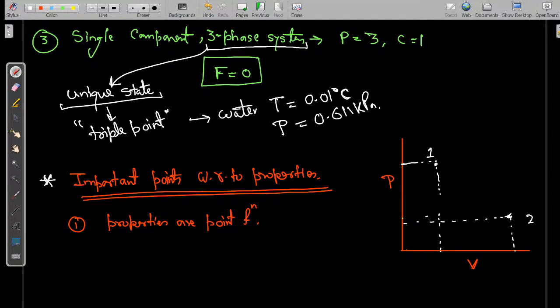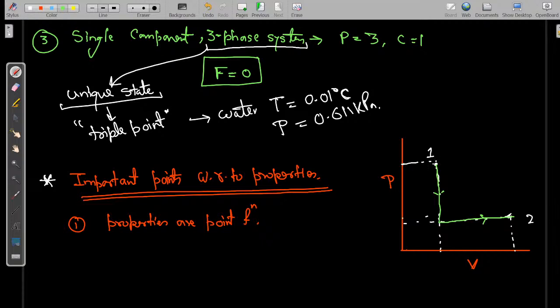Now for going from state 1 to state 2, there can be a number of ways. For example, the system can have a constant volume process, then a constant pressure process. This is one way.